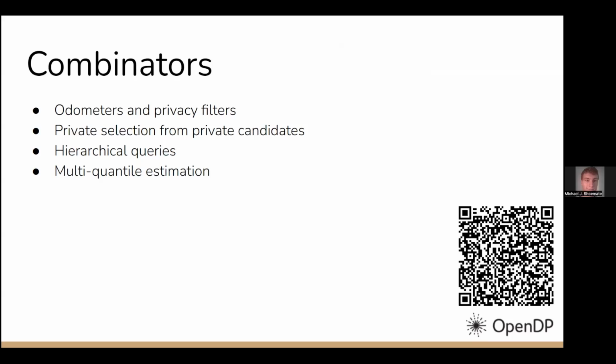It's interesting. Work on odometers and privacy filters has been ongoing for years. At this point, I have a working implementation of them that's cross-language, and the question is allocating resources to get them over the finish line.